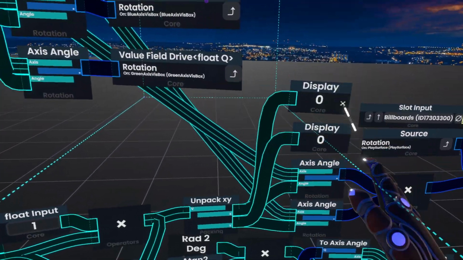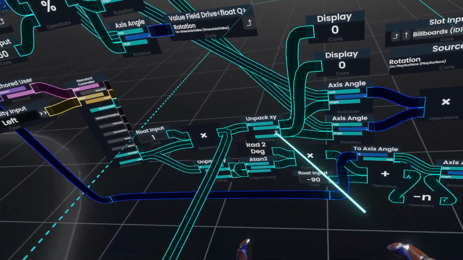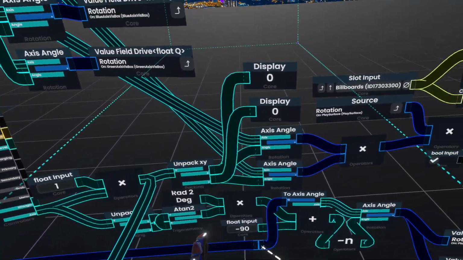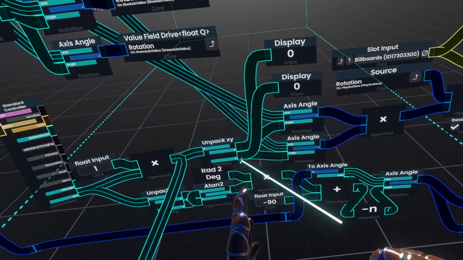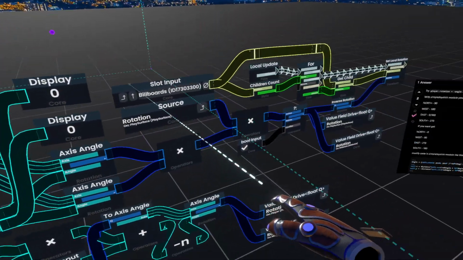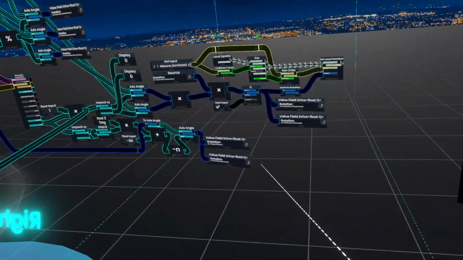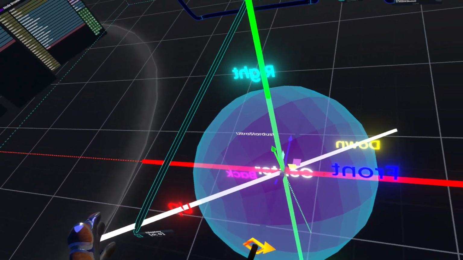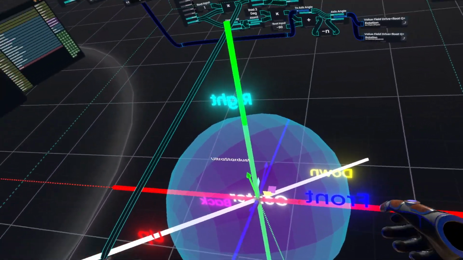Oh wait, no. X is left and right, Y is up and down on the joystick, and we just take those as angles to apply over time to the current rotation of the sphere on those two axes. So the green and red axis of rotation.